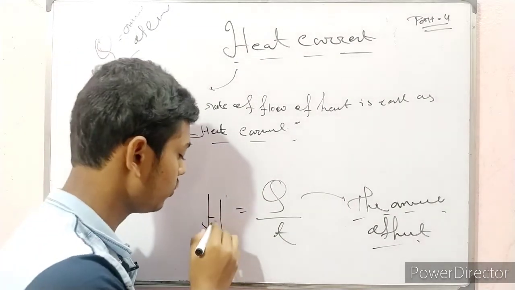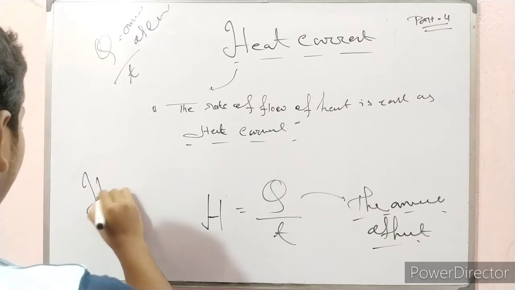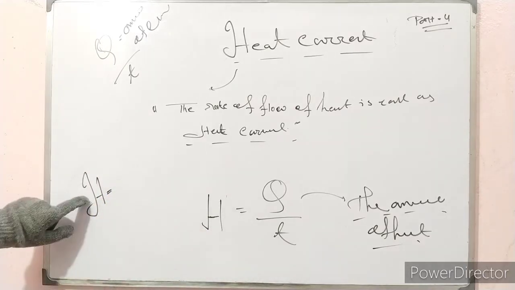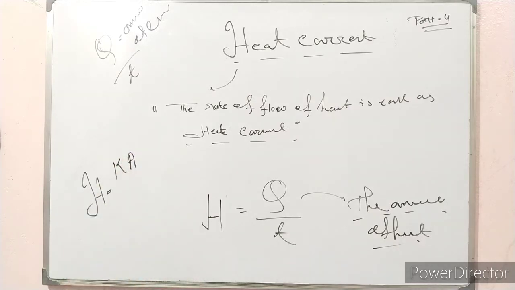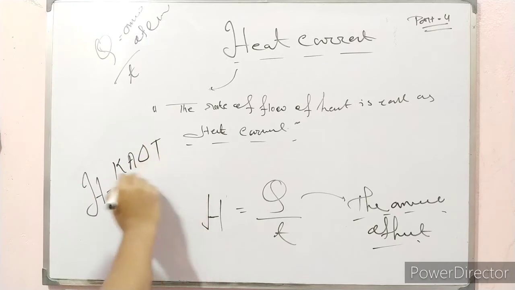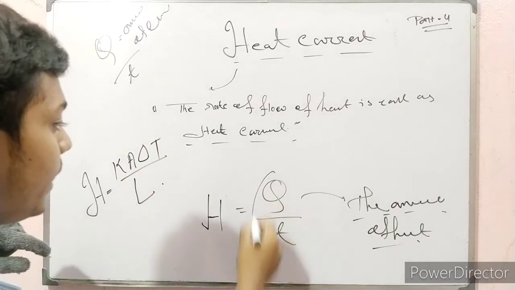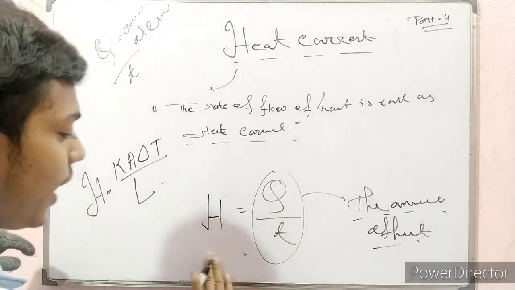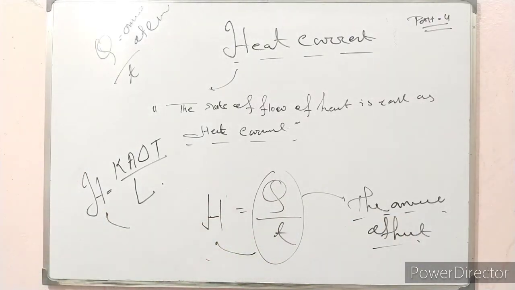After putting this, H equals K A delta T by L, where delta T is the change in temperature and L is the length. So I will write here H.